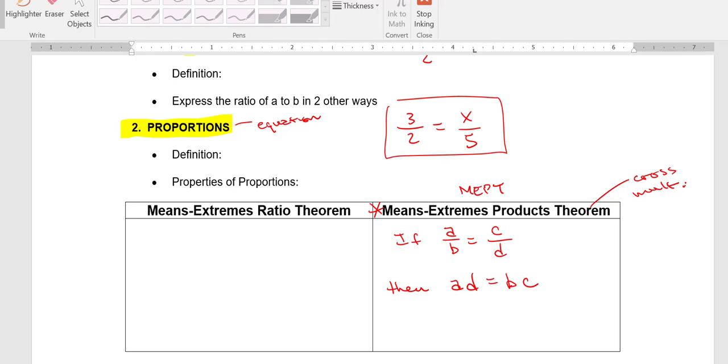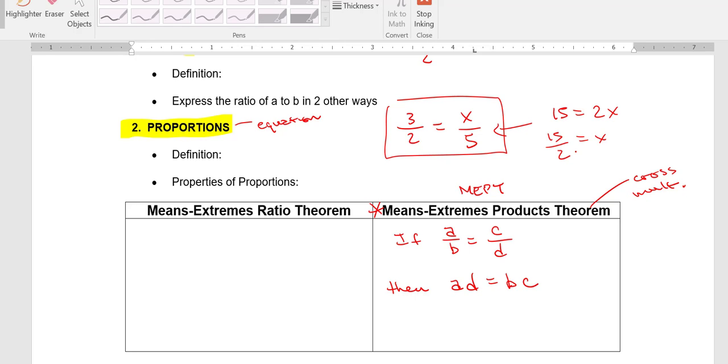Okay, and so something like this problem up here would just be 15 equals 2x, so x is equal to 15/2. That would be solving an equation using the means extremes product theorem.